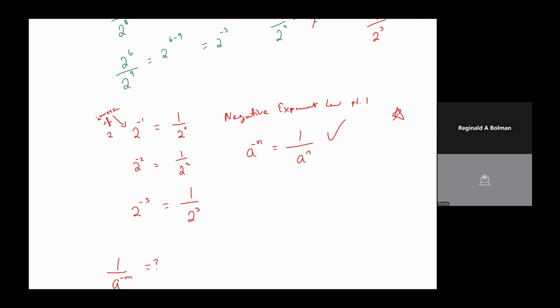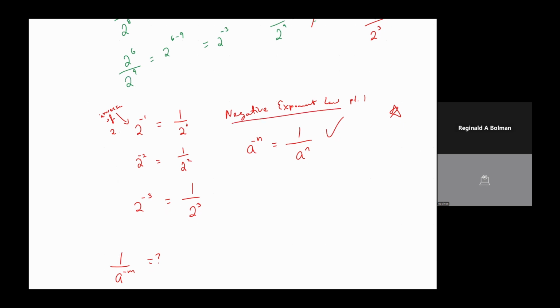But alternatively, we could just use the rules of algebra as well as the definitions that we're provided with in order to determine what has to be true. And in this instance, it's easier for me to just use the negative exponent law as well as the rules of algebra to prove what has to happen.